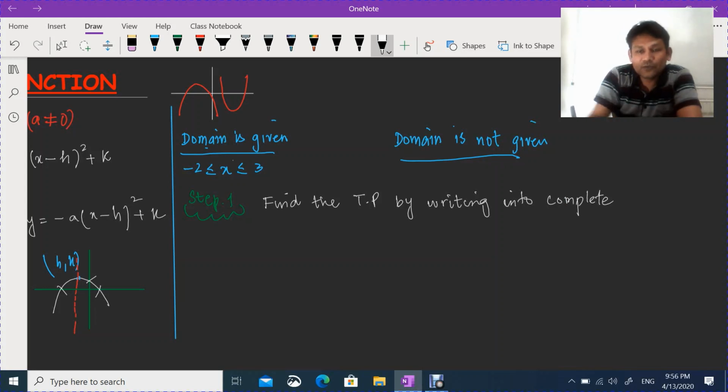So it means we also have to understand how we can make an equation into complete square form. And this complete square form is for both cases, when the domain is given and when the domain is not given. Step number 2.